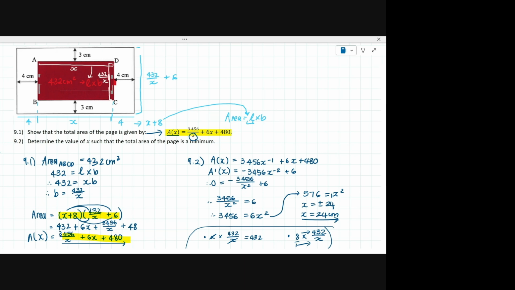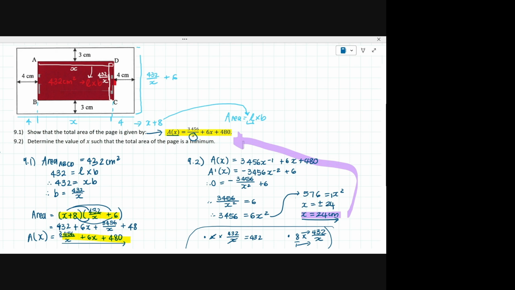But if this question had said determine the minimum area of the page, you would then need to take this x value and substitute it back into your area formula. So if this had said determine the minimum area of this poster or whatever, you would take this x and substitute it back into your original area equation.